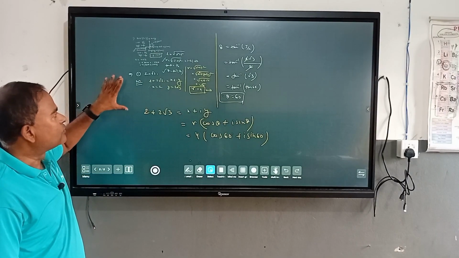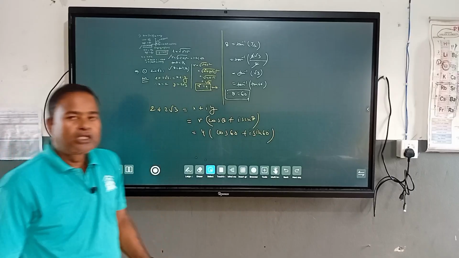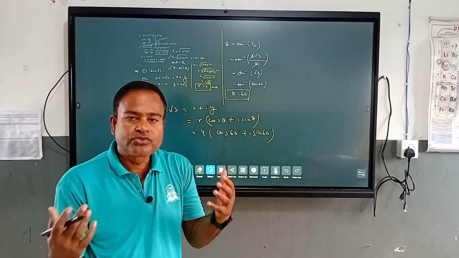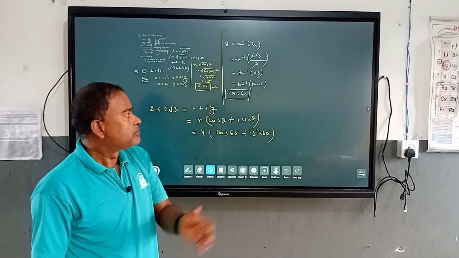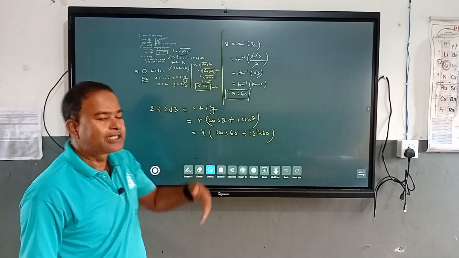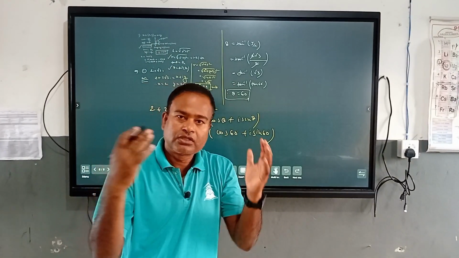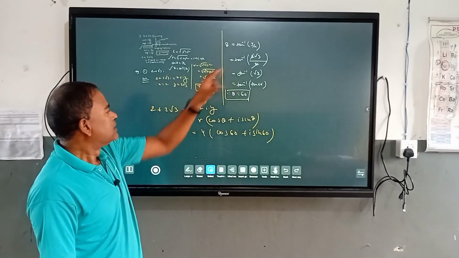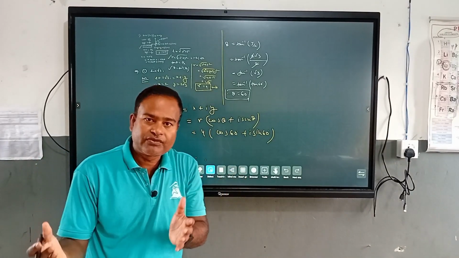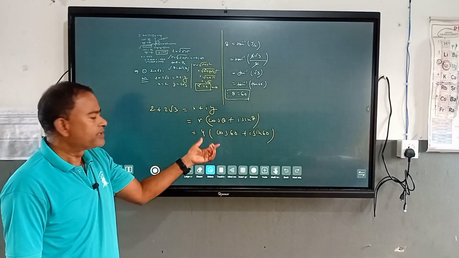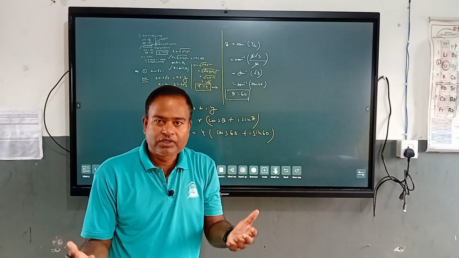So dear students, I hope you have understood how to convert algebraic form into trigonometric form geometrically, and how to convert any given complex number x plus iy form into trigonometric form or polar form.